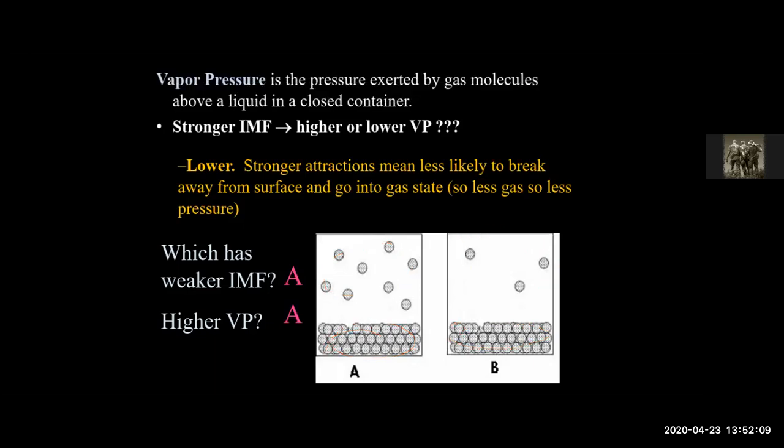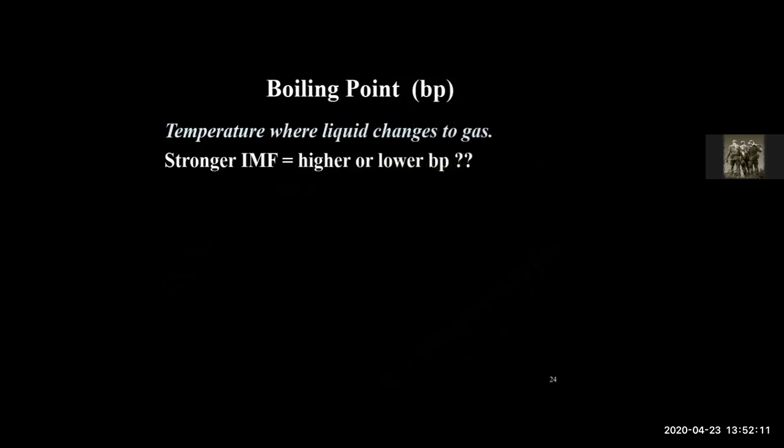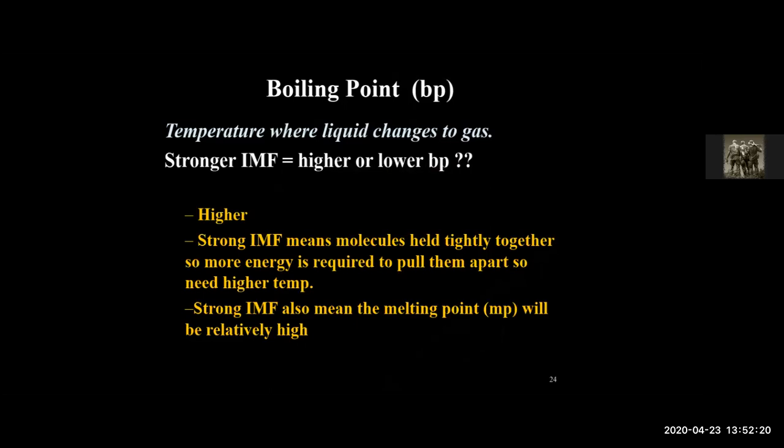Okay, boiling point is the temperature at which liquids change to gases. Strong IMF will have a higher boiling point because it's going to take a lot more energy to break up those interactions to get them into the gas phase.